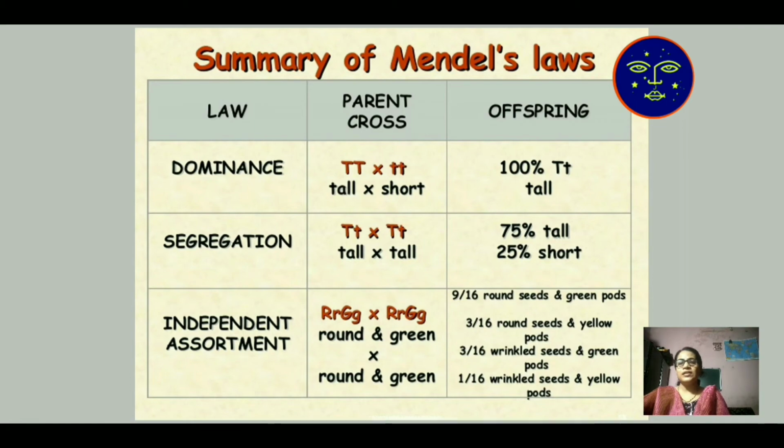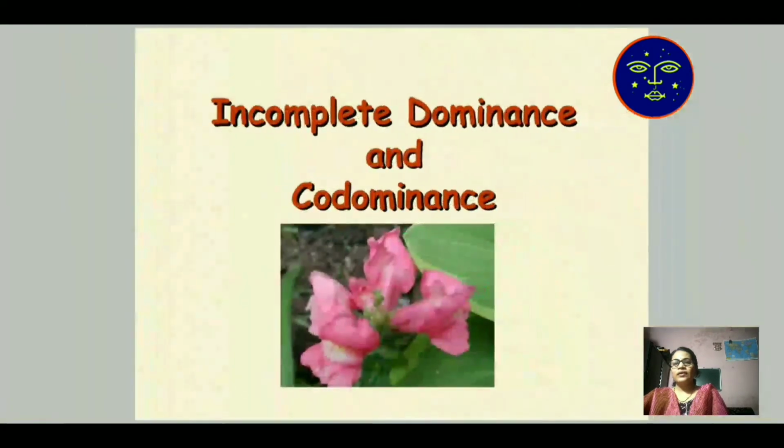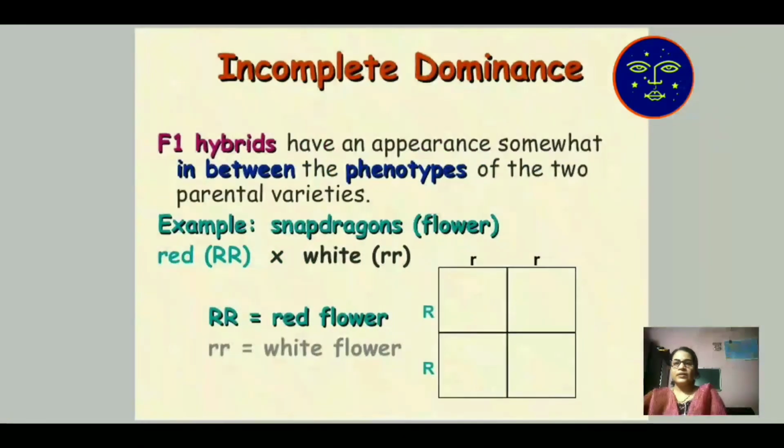This is the summary of Mendel's three laws: dominance, segregation, and independent assortment. Then there are incomplete dominance and codominance.